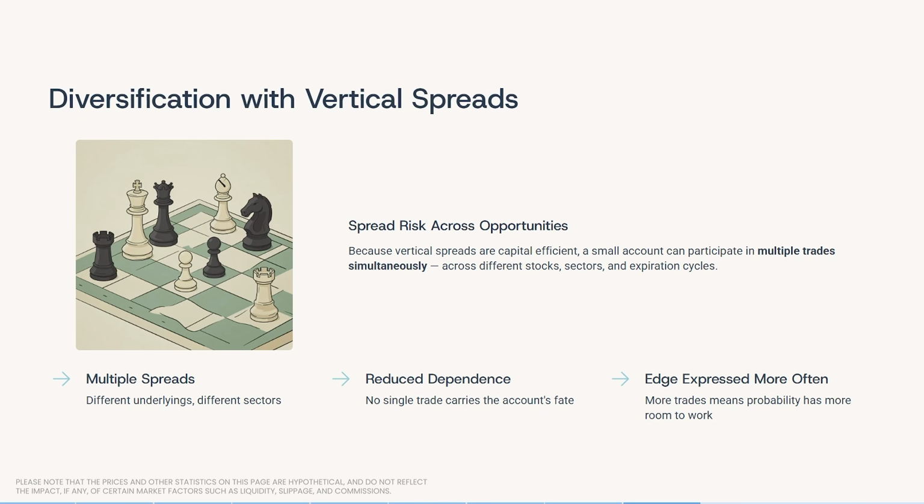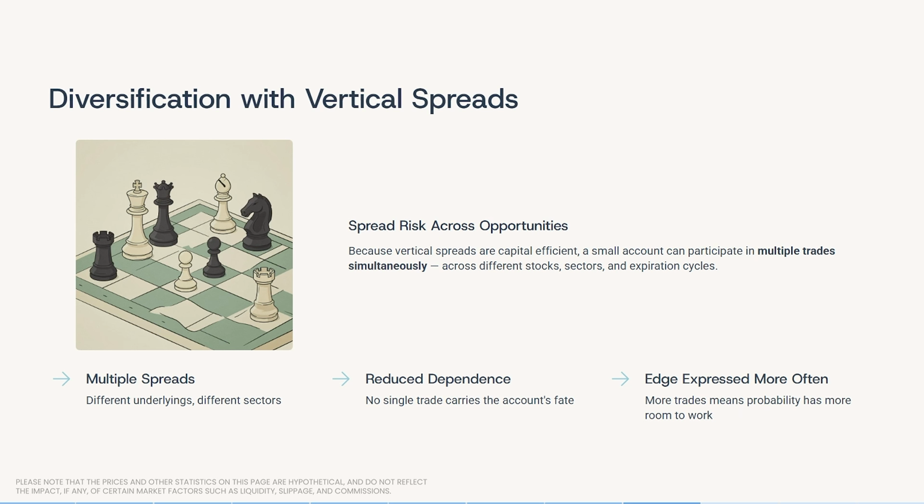Now let's talk about one more great aspect to vertical spreads, and the fact that you're able to have a very capital efficient spread on is going to allow you to spread risk across multiple opportunities. Because vertical spreads are capital efficient, small accounts can participate in multiple trades simultaneously.